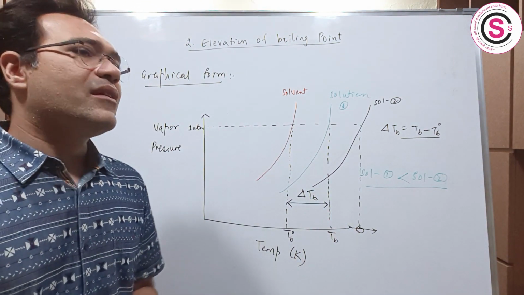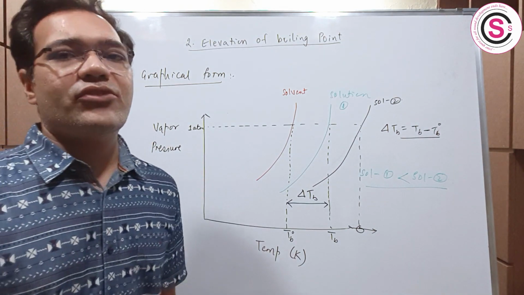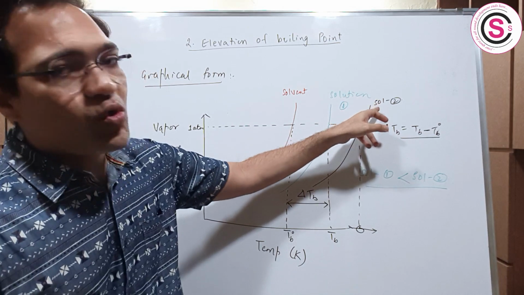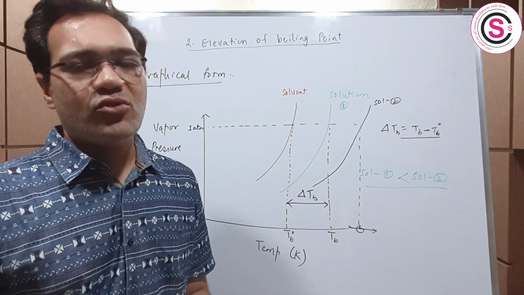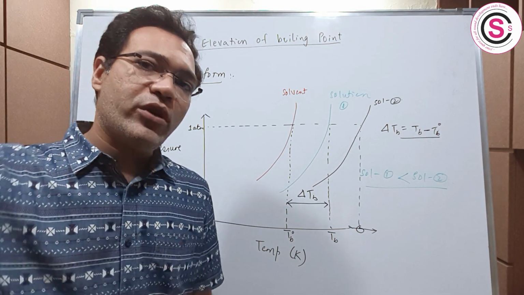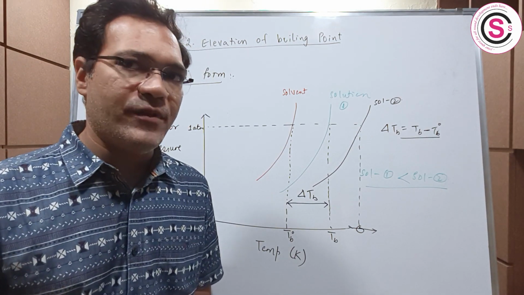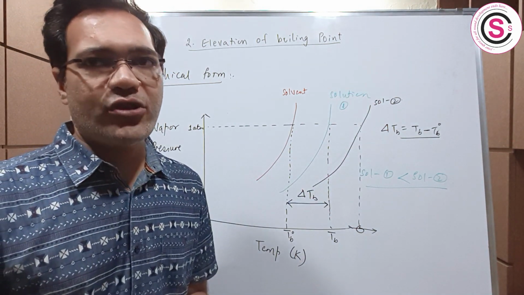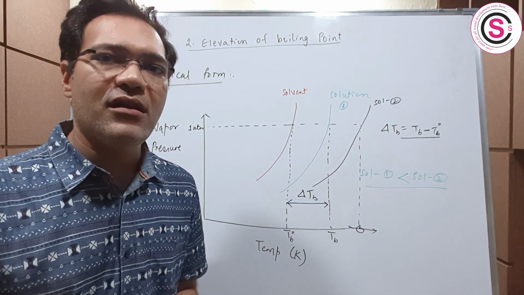What is the reason? The reason is that solution 2 is more concentrated than solution 1. As a result, the vapor pressure of solution 2 will be even less than that of solution 1. So it will need more heat, right, to reach the atmospheric pressure of 1 atmosphere. And as a result, the boiling point of solution 2 will be more than that of solution 1. See, it's very simple, right?